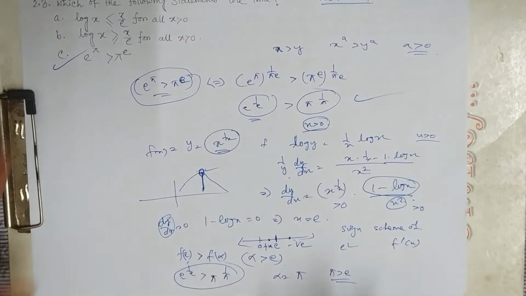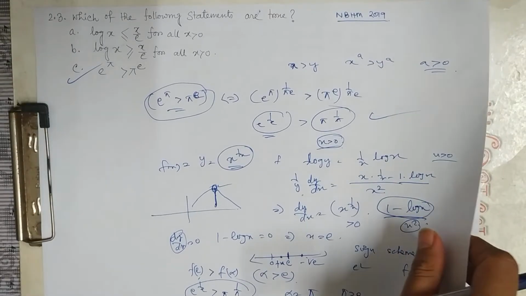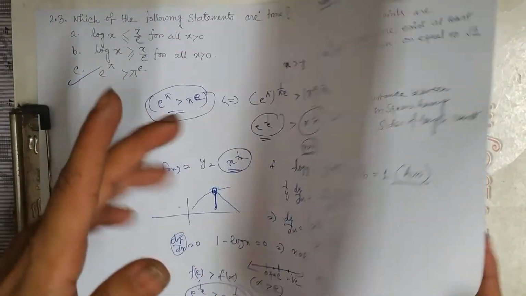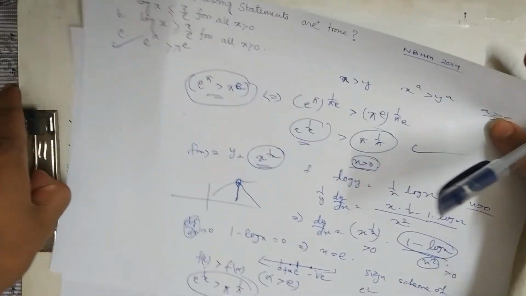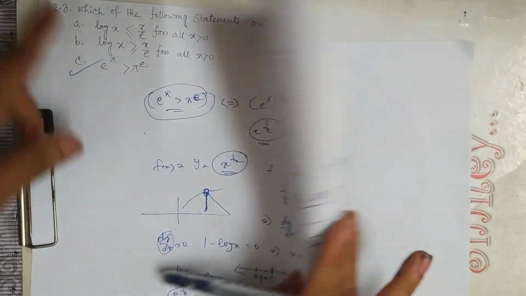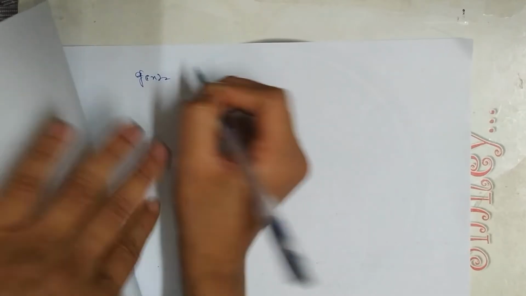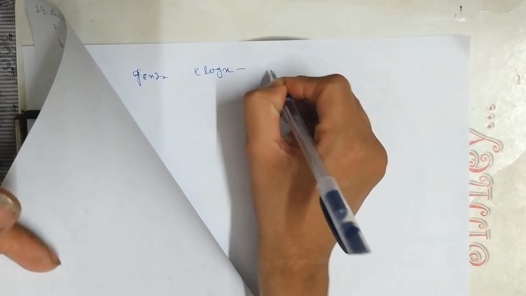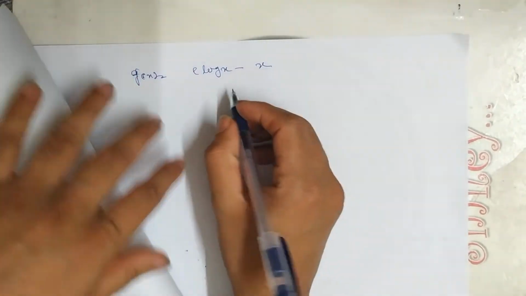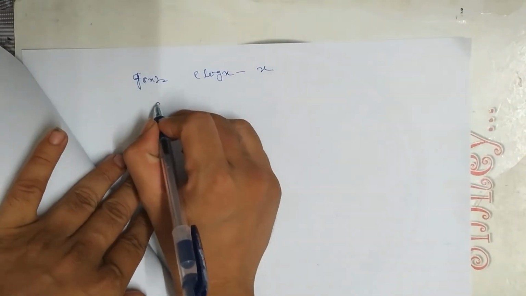Now for the a and b parts, consider the function g of x equal to e log x minus x. Similarly, as done in the previous question, we find the derivative of it.